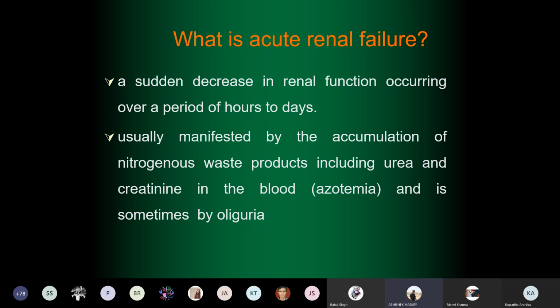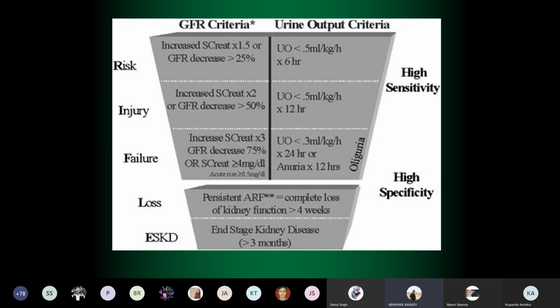So we should know the causes of renal injury, acute renal failure, or acute kidney injury, and this happens within hours to days. So there are some criteria, GFR. When do you say kidney injury?